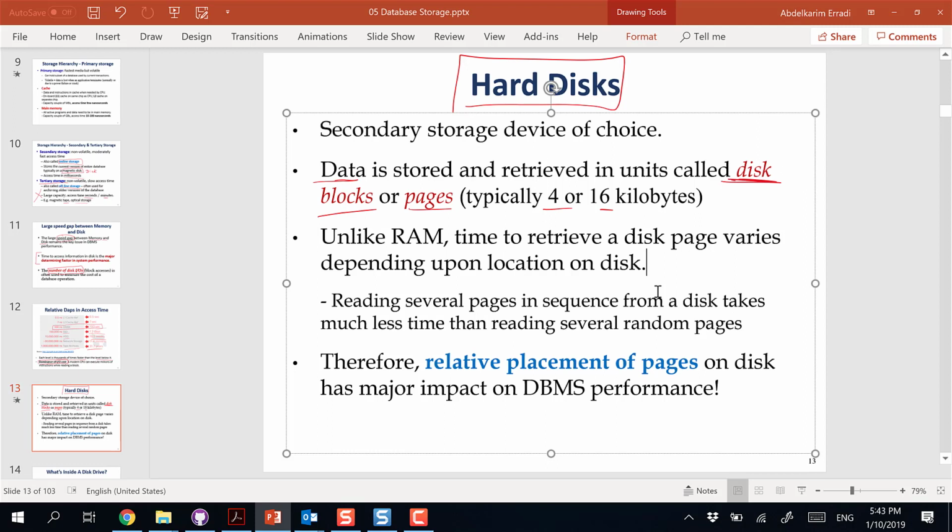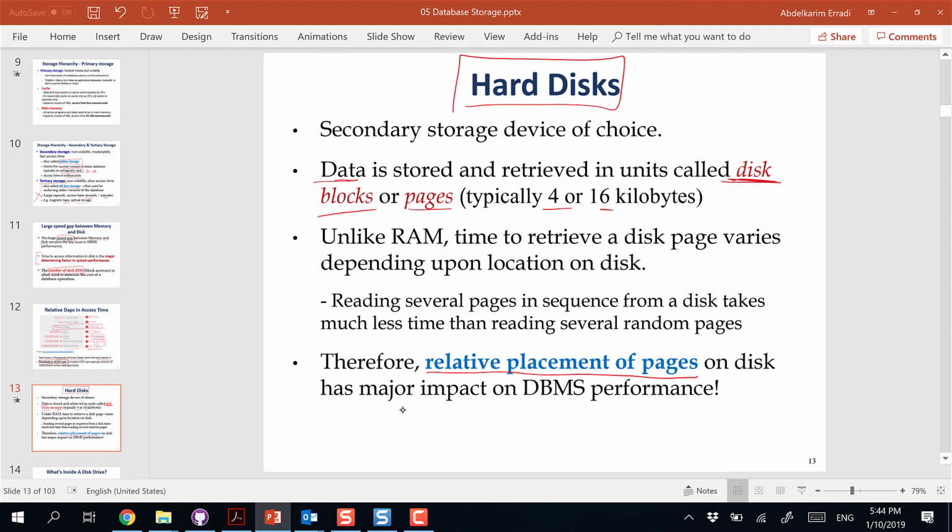So we need to keep this in mind, and that's why as we move forward, the database tries its best to keep the blocks related to a particular table contiguous next to each other. So when we are answering a particular query, hopefully we can just do a sequential read rather than doing random reads on the disk.